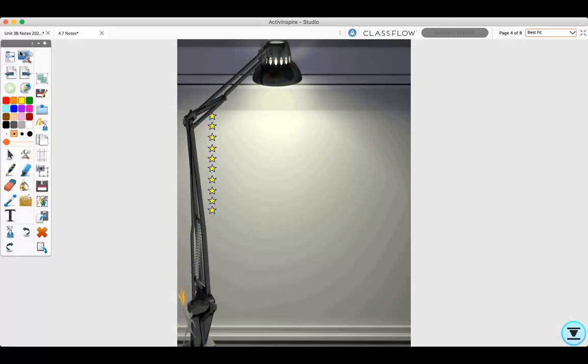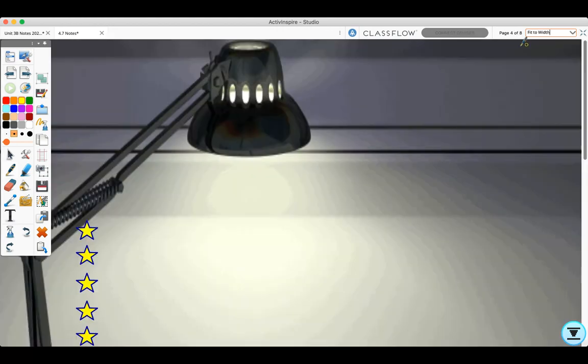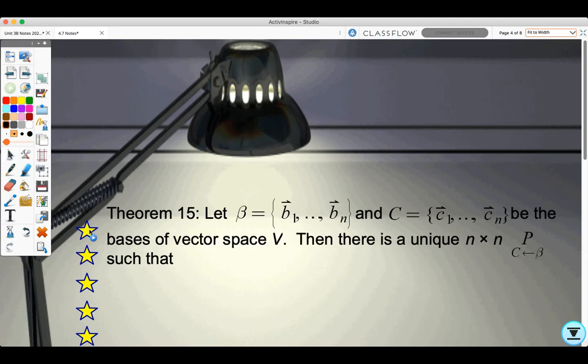So let's look at theorem 15. Theorem 15.